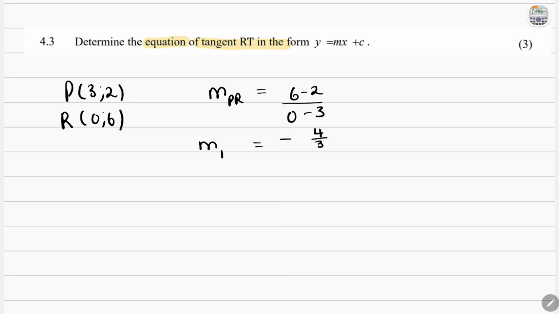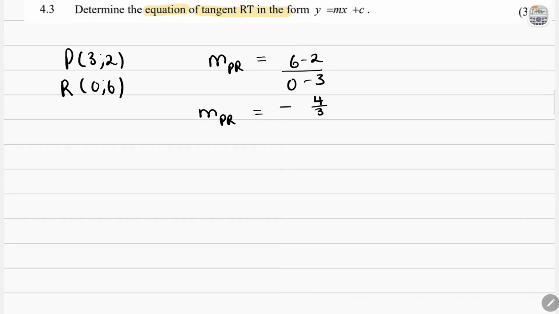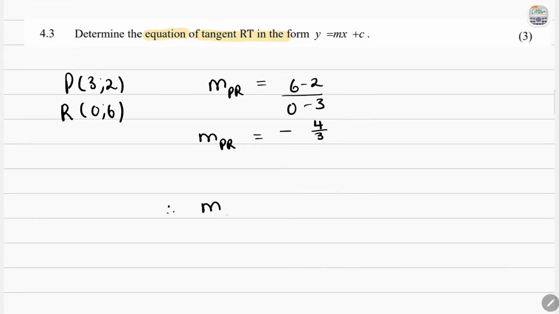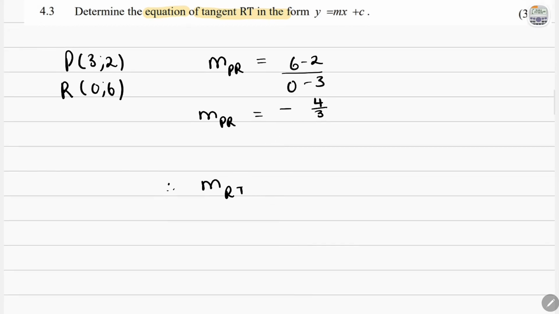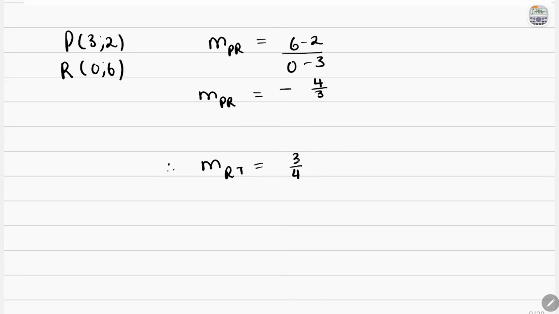So if this is the gradient of the radius, then the gradient of the tangent, and it is RT, that is the tangent, would simply be found by saying, because they are perpendicular lines, you simply switch the numerator and denominator. So that is 3 over 4 and still negative. Then you multiply this by negative 1, so it becomes positive 3 over 4. That way, if you multiply the gradients of these perpendicular lines, they give you negative 1.